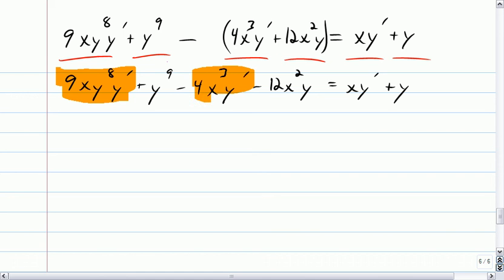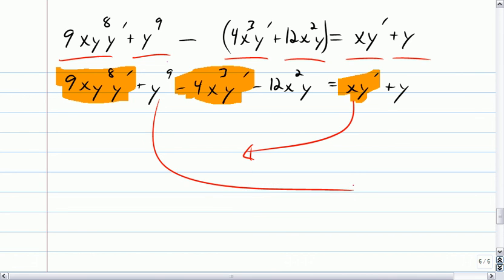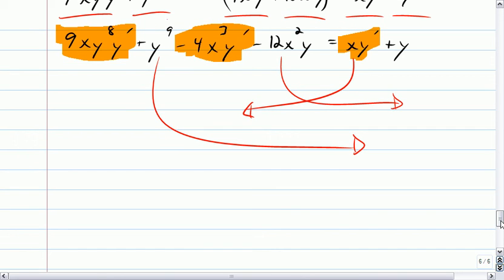So those 3 terms need to get put on one side of the equation. You want them on the left or right? I'm going to go with left, just because there's 2 on the left already. So this guy here's got to move over. This one's going that way. And this one's going that way. If it is positive, when you move it to the other side, the term will become negative.